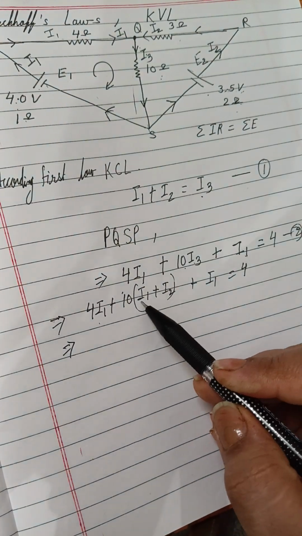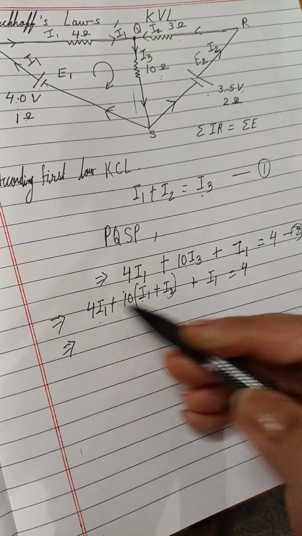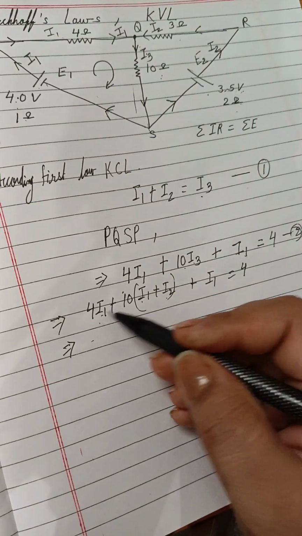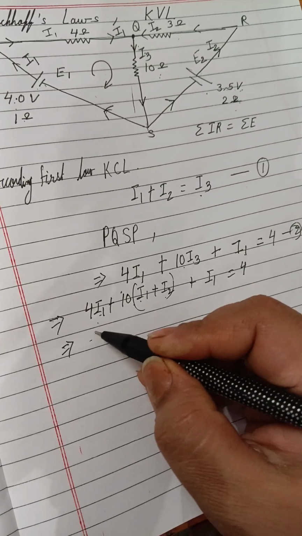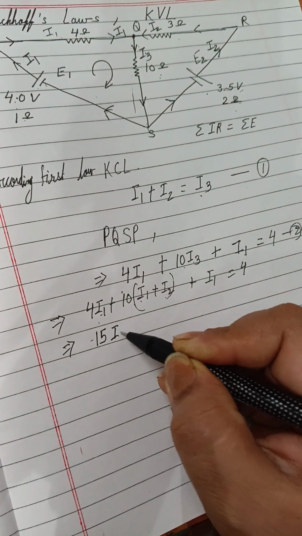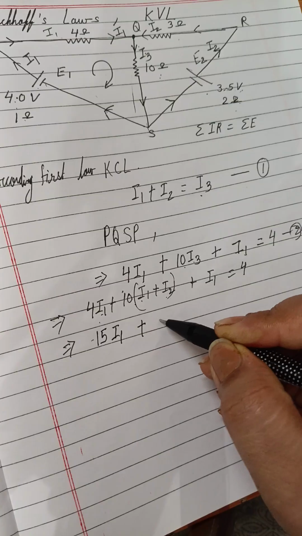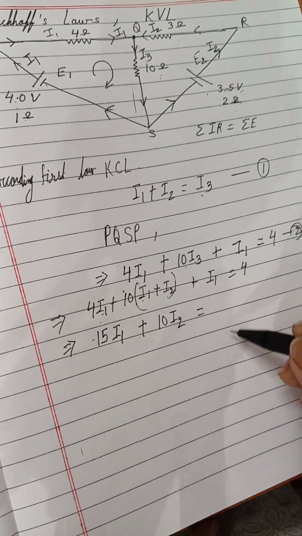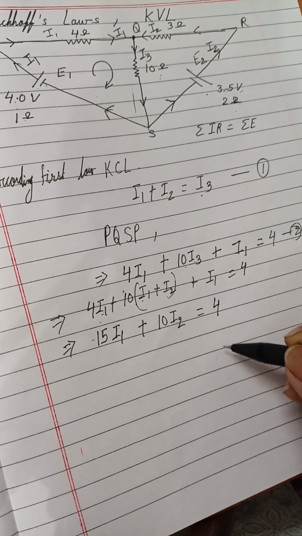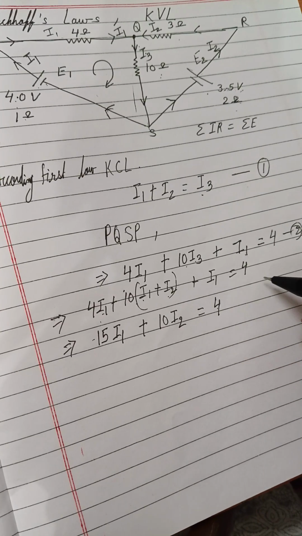So 4, this one is 10I1, this one is 10I2. So we can write 4 plus 10, 14, 14 plus 1, 15. 15I1 plus 10I2 is equal to 4. Okay, so you get the equation.